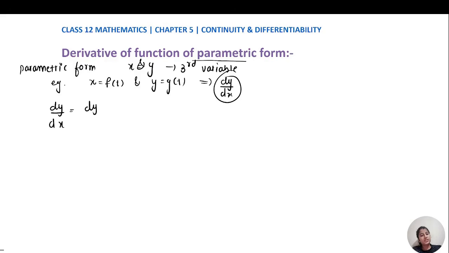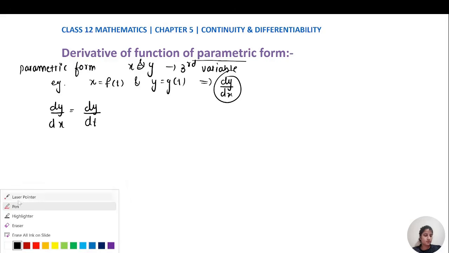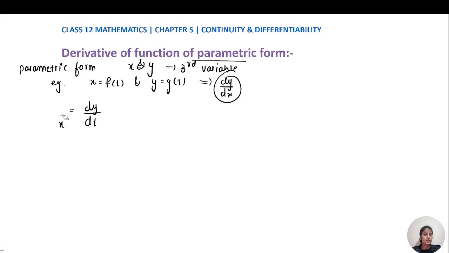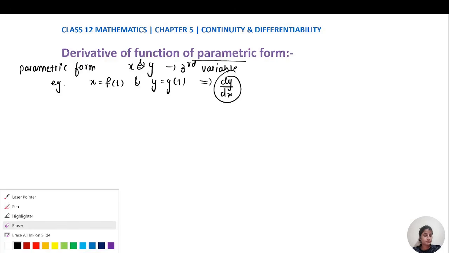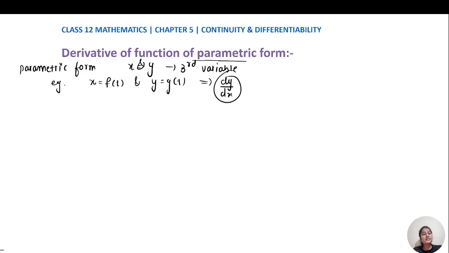For the chain rule, we differentiate our y with respect to t. Since our y is completely in terms of t, our dy by dt, if I use my chain rule, suppose my y function is in terms of x, then it is dy by dx dot dx by dt.